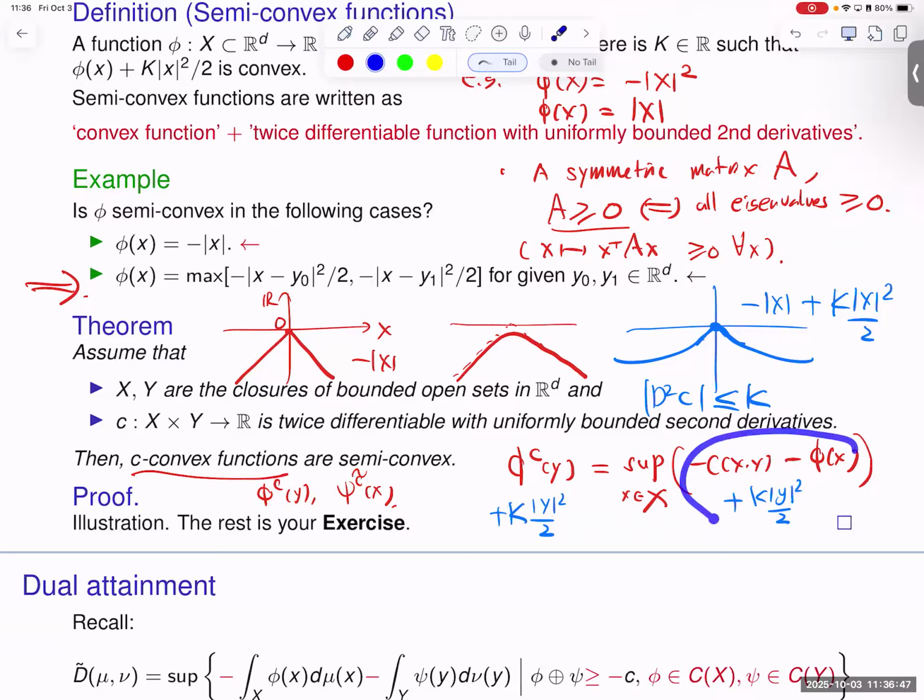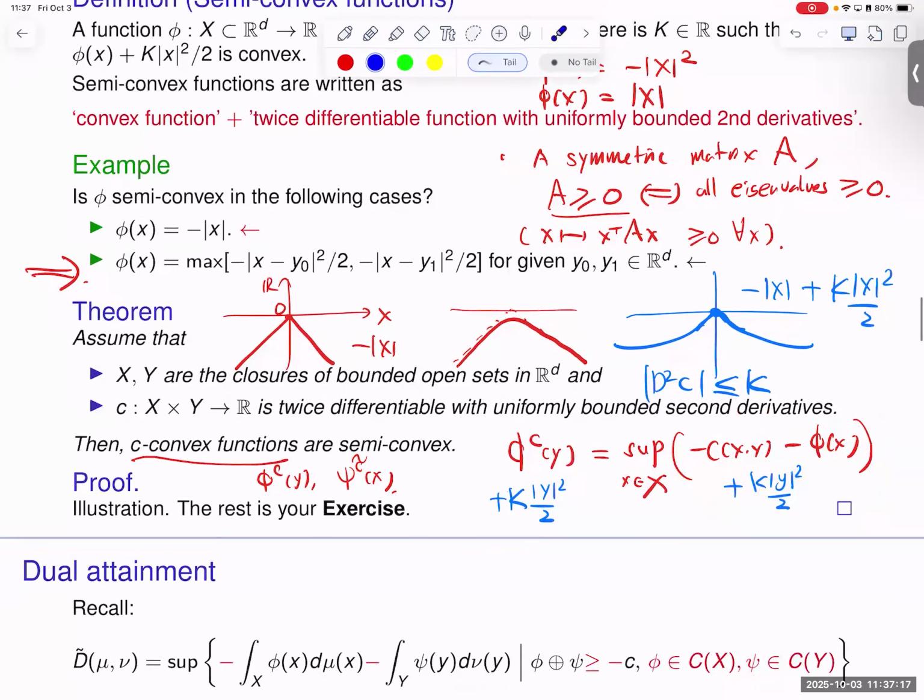So as a function of y, you should view it as a convex function after that. But then you have to take the supremum of such a family of convex functions. And remember, the supremum of a family of convex functions is again convex. That's why you get convexity of this. So you get semi-convex. The details are your exercise.